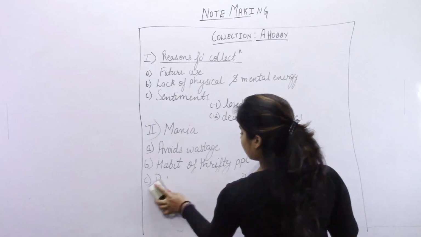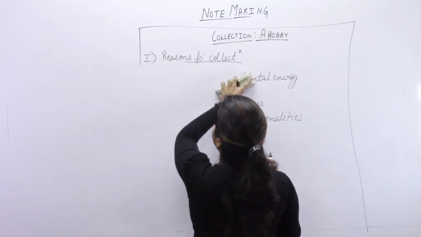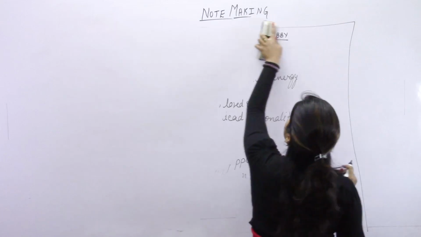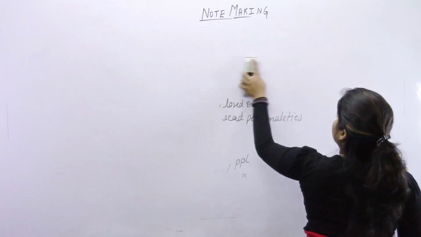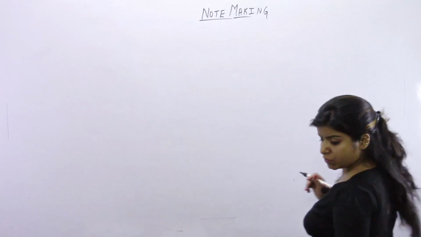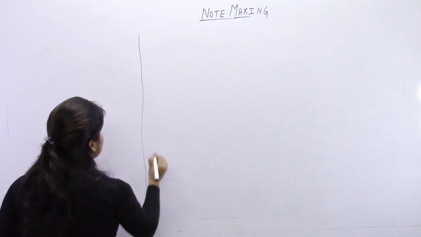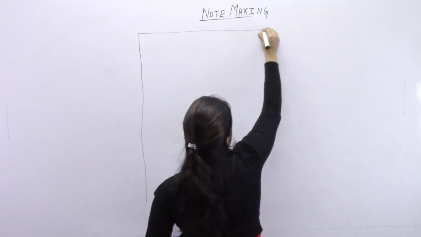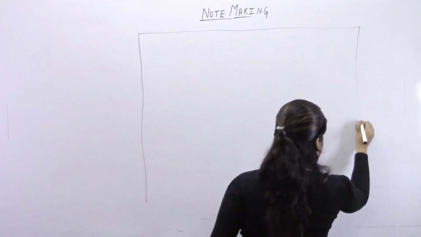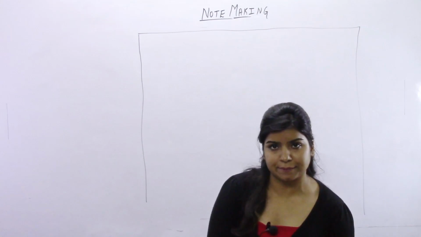Moving on to the second part of note making, we'll go for the abbreviations. Friends, this part carried 2 marks. That is the abbreviation one. It's a very scoring one, because no one can deduct your marks if you are very accurate and very much original with your content.